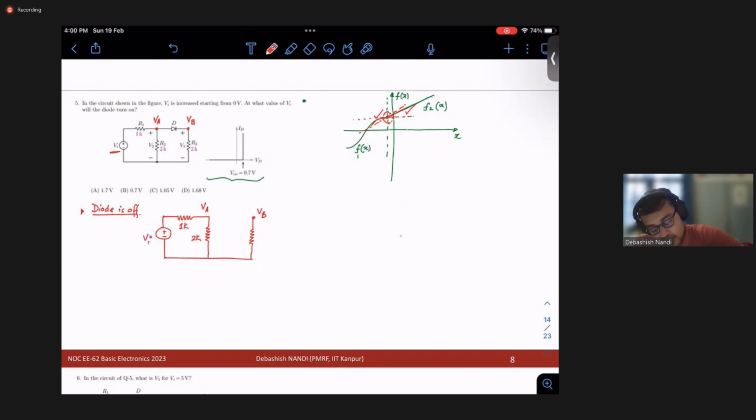So what is your VA at this point? Let's say it is a common node ground. Your VA is nothing but VI into 2/3, and your VB is nothing but 0 volt.